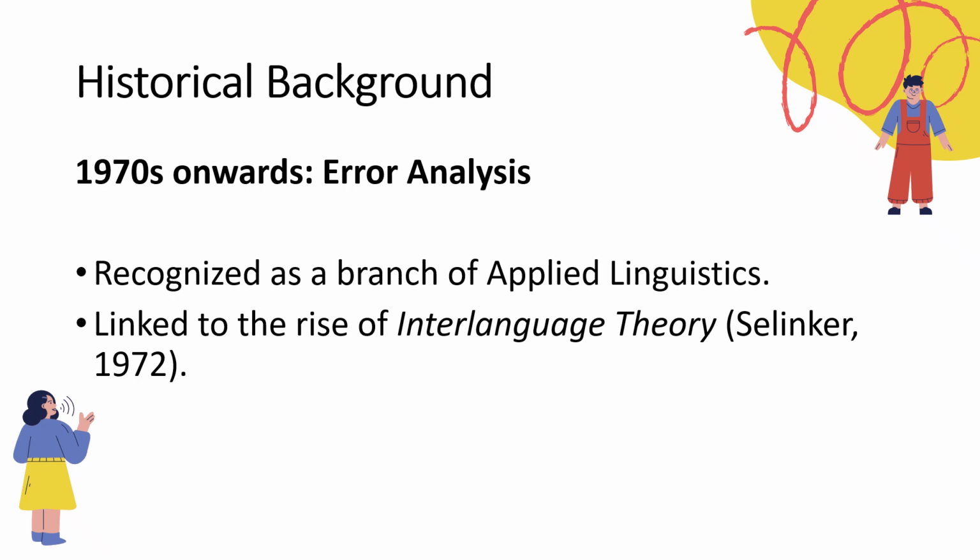So the idea is that learners create their own language system, and this is called interlanguage. It is between L1 and L2. It's not random, but systematic. So errors are natural because learners are testing the rules and building these temporary systems.